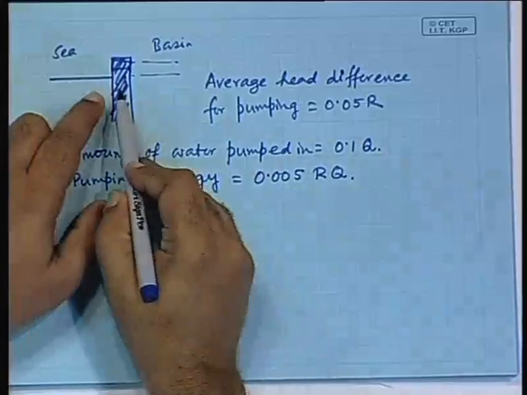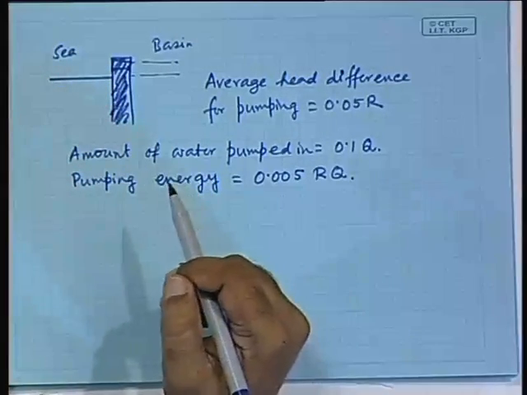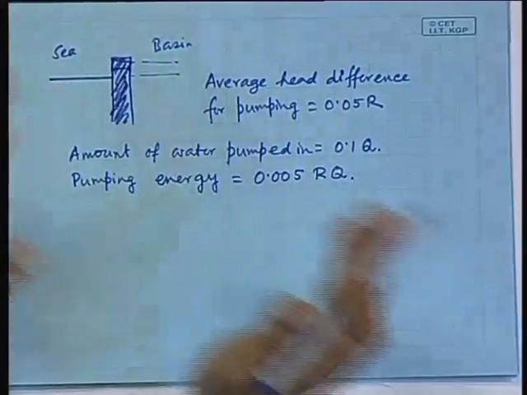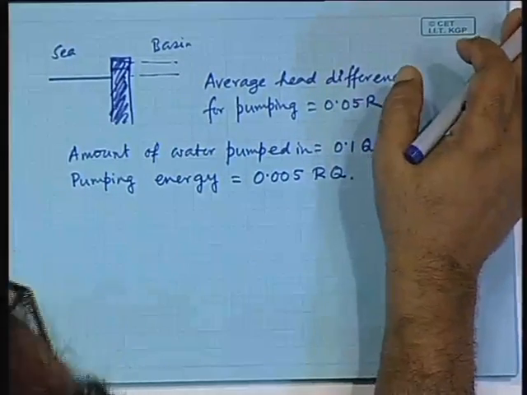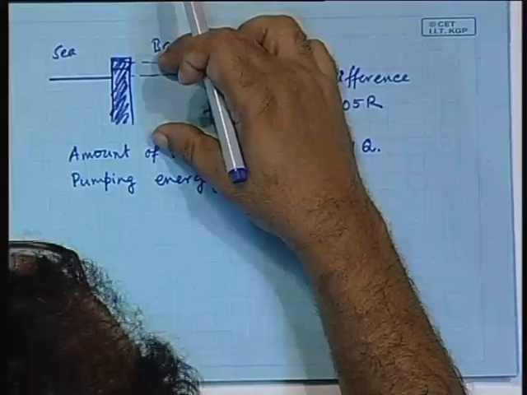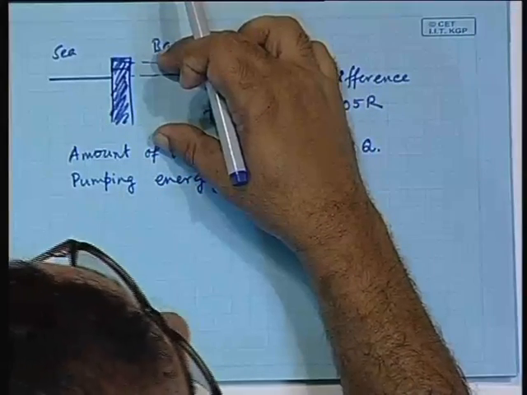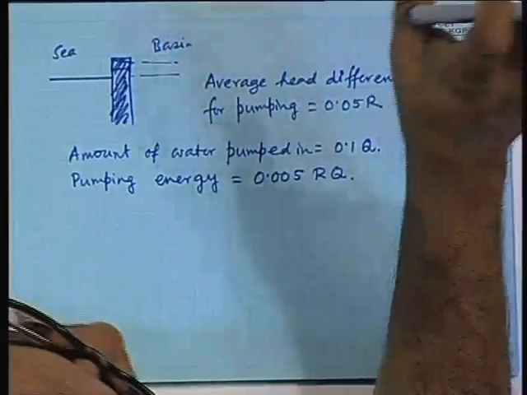Now, the gates are closed and you wait till the head builds up, and that is when you allow the water to flow out. It had gone up to a head of 1.1 R. So now when you try to utilize it, how much is the head available on an average? 0.55 R. Okay.